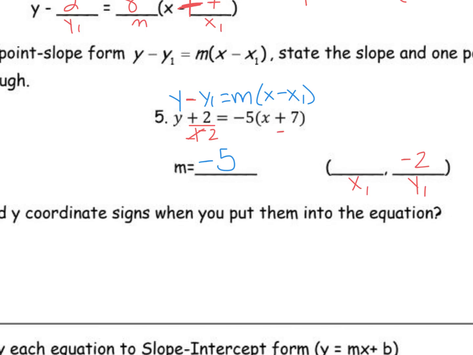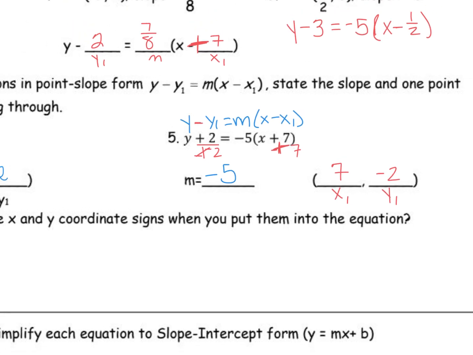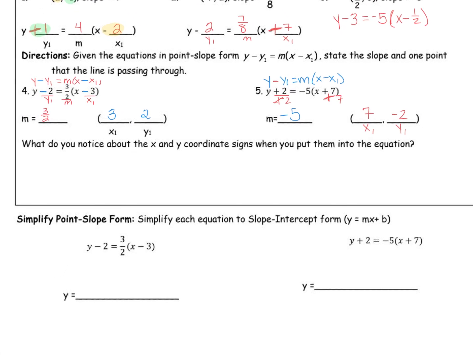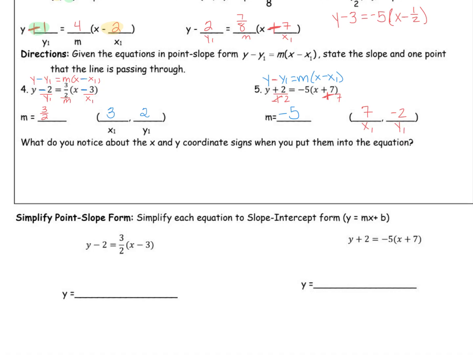That also means that my x1 was originally a minus, right? A minus minus becomes a plus. So my slope is -5, and my x1 is 7, and my y1 is -2. Again, pay attention to the order. Sometimes people flip-flop, but the y is first, so we have to move it to the back.